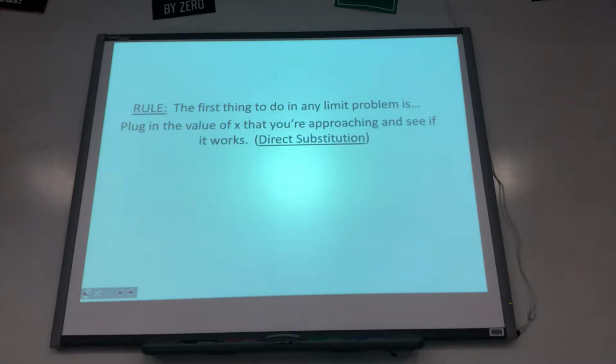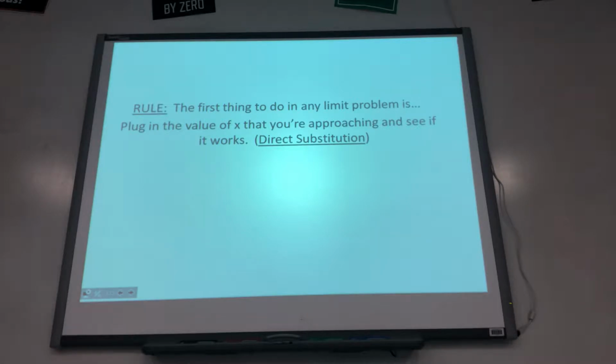This sounds really important. Plug in the value of x that you're approaching and see if it works.